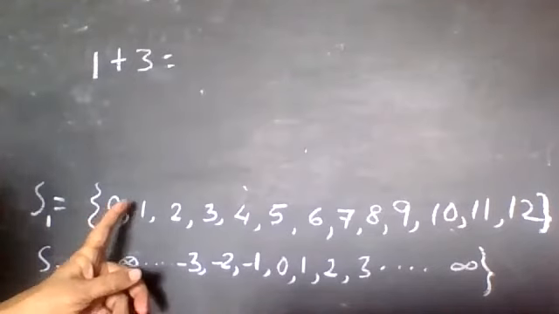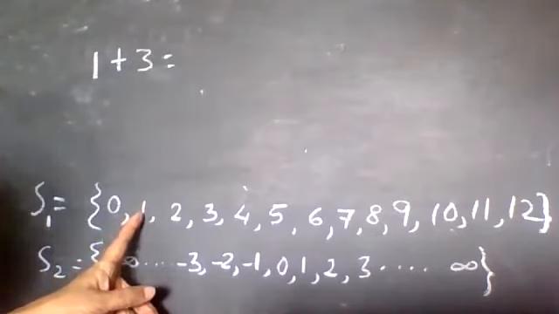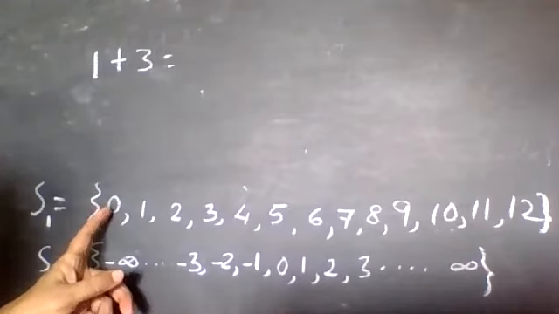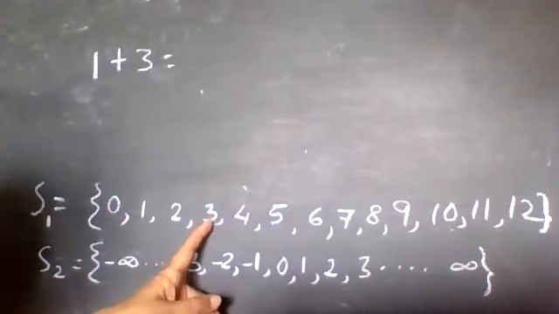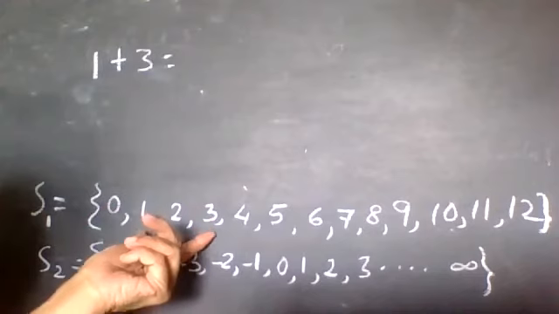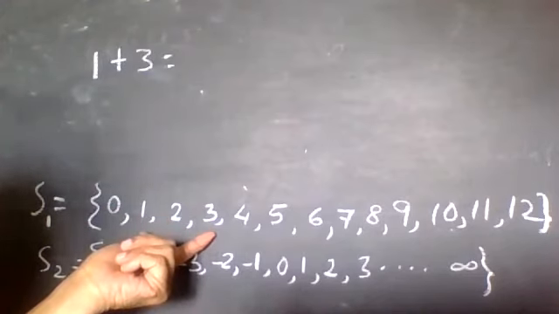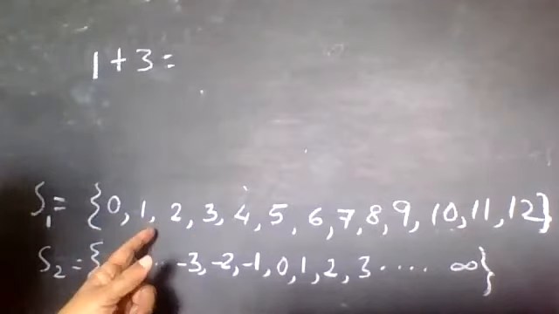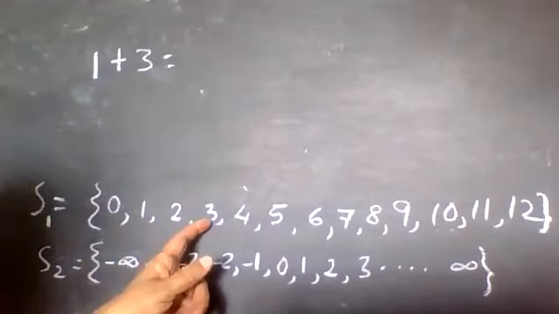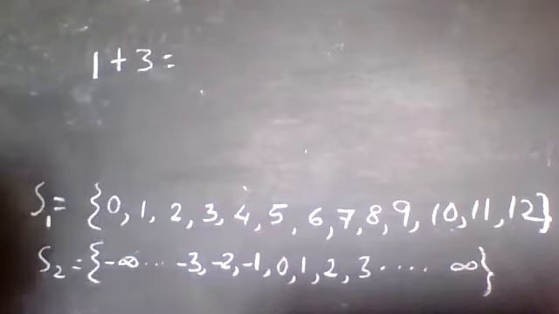Well, 1 is in the second position and 3 is in the fourth position, and we will add these two positions to get the new number. 2 plus 4 is 6, 1, 2, 3, 4, 5, 6. So it is 5.